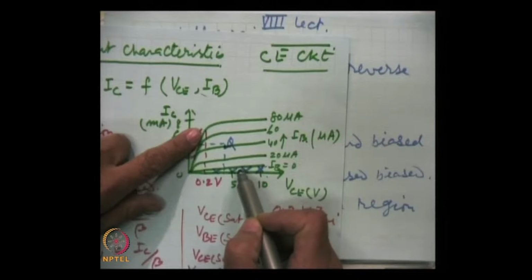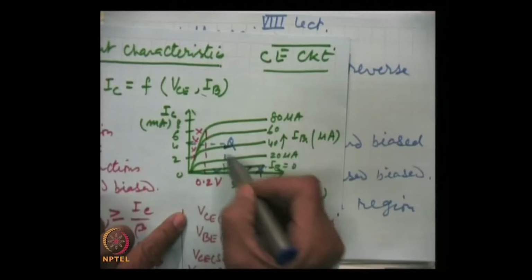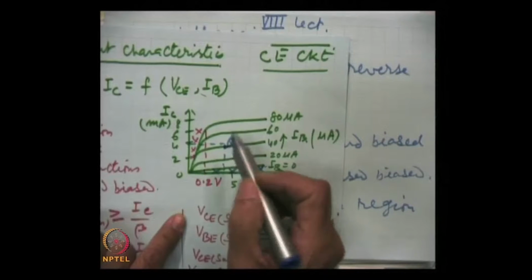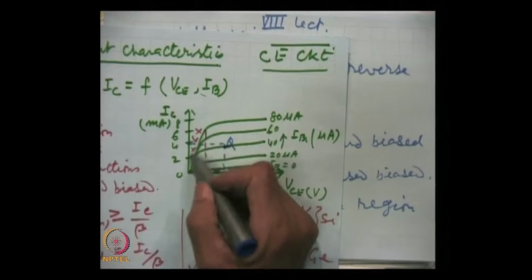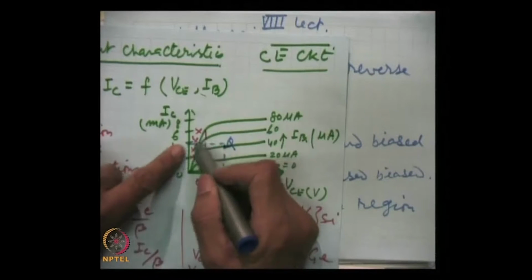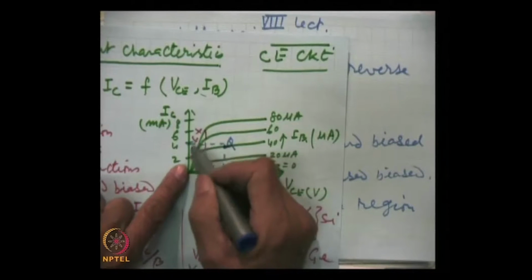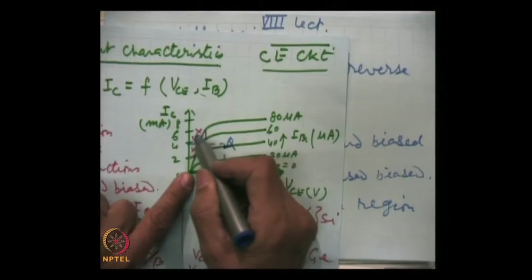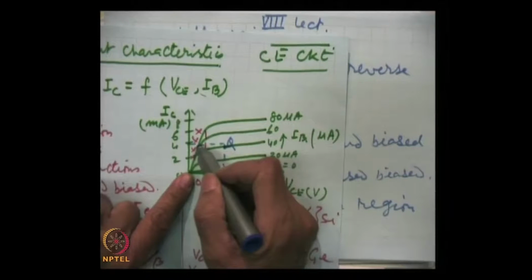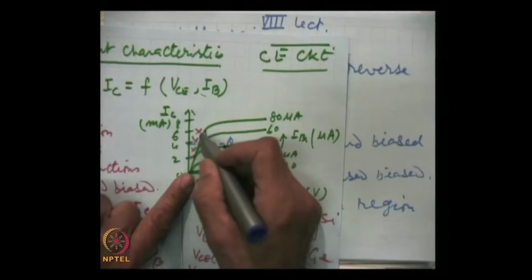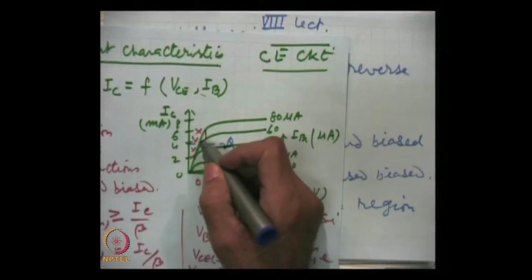That means it should remain within this prescribed region, because if by wrong choice it touches or comes into the saturation region, the output will be distorted, because that much part will not appear in the output. So, the output will be a distorted signal, which we have to avoid.